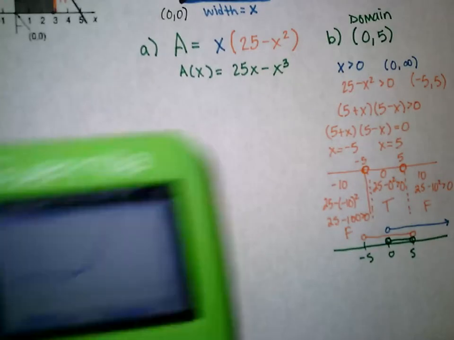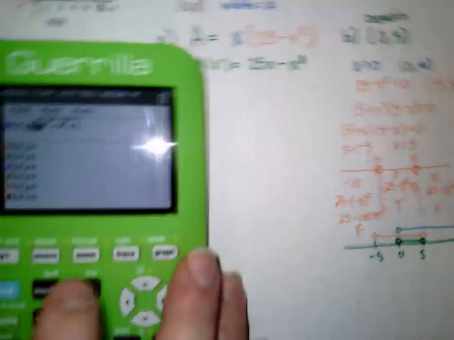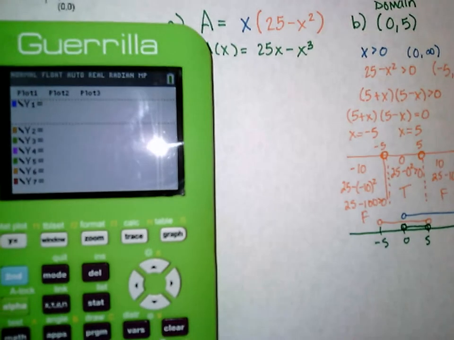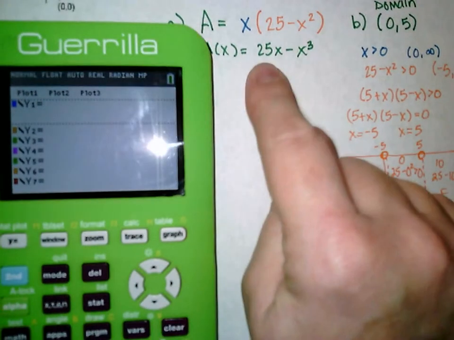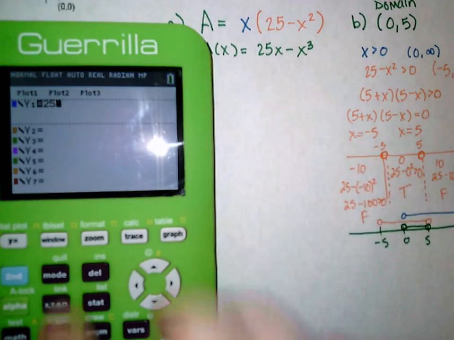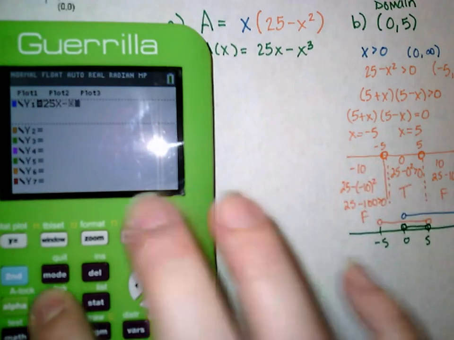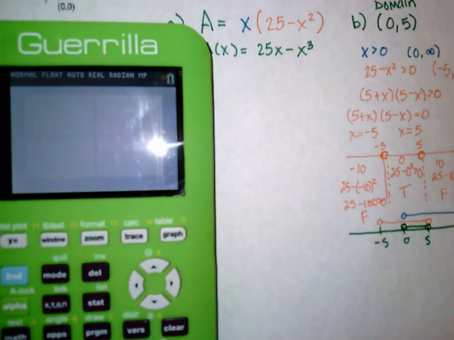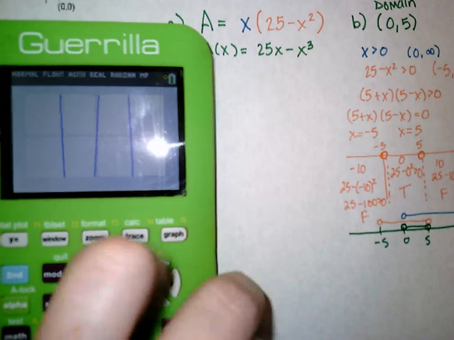Part C, they want us to graph that on our calculator. So we're going to go into y equals again and put our function 25x minus x cubed. I'm going to go to a standard window and see what we can see. Oh, mercy.